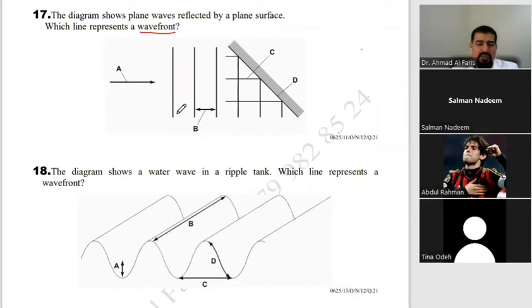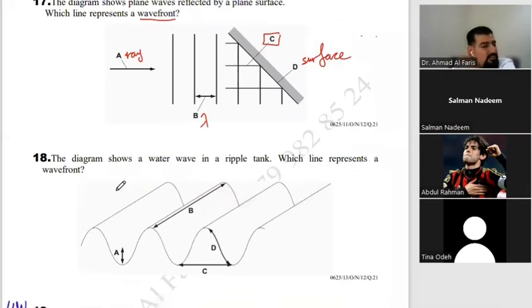What is C? Bravo. All of you know the answer. And D is what? D is the surface that makes the reflection, A is the ray that shows us the direction of the wave, and B is the wavelength. Our answer, the wavefront, is C. Good? Good. Next.